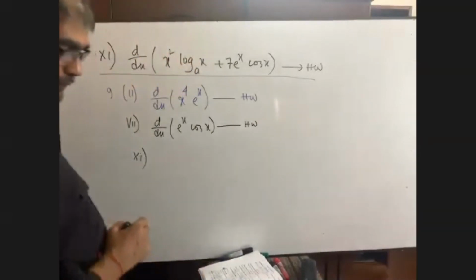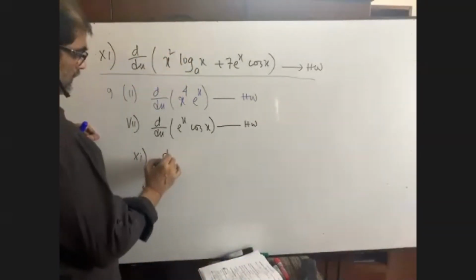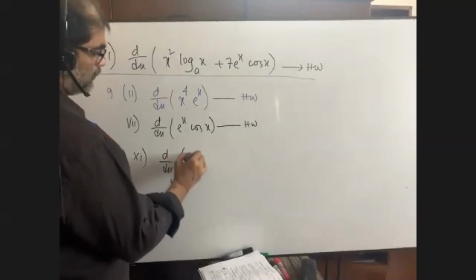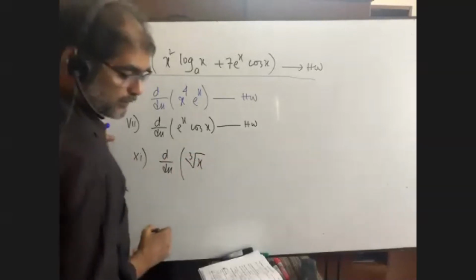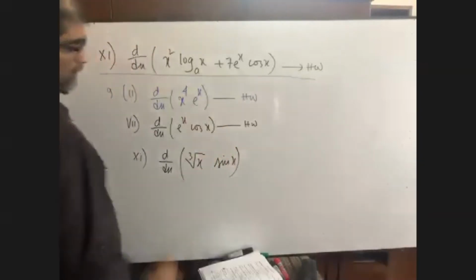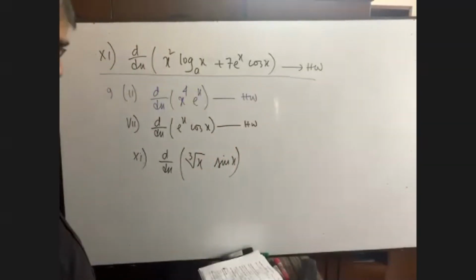Root x cube, root cube x, d by dx of root cube x sin x. This is number 11.